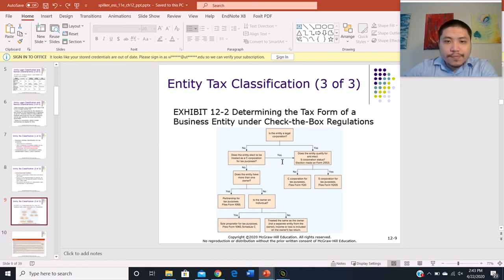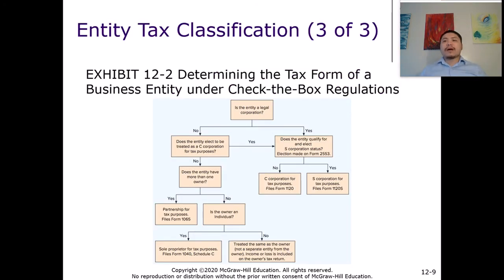So this chart summarizes the process of how we can judge the tax form of the business. First of all, we start with the question: is the entity a legal corporation? Basically, whether or not your business is legally filed as a corporation with the state.